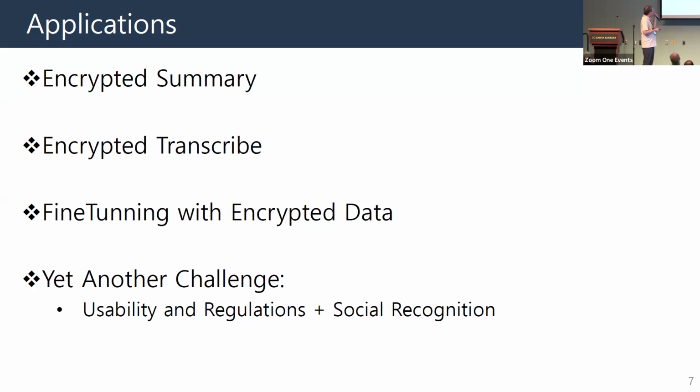So, usability, regulations, social recognition. But I think it's time to use encrypted LLM in the world. Also, I think in history, every year we had 8 times speeding up in HE computations.